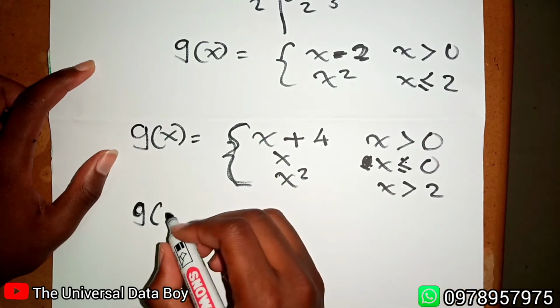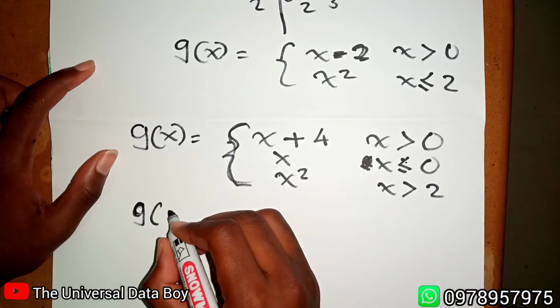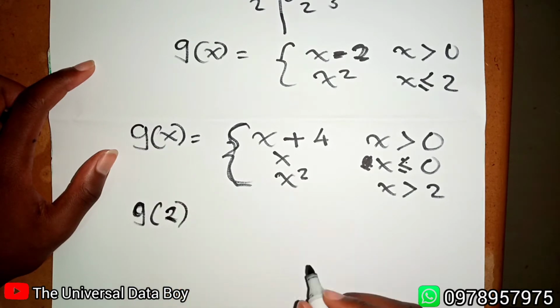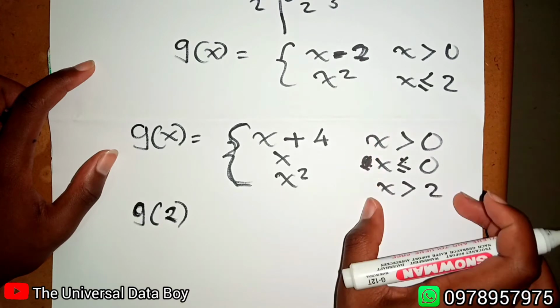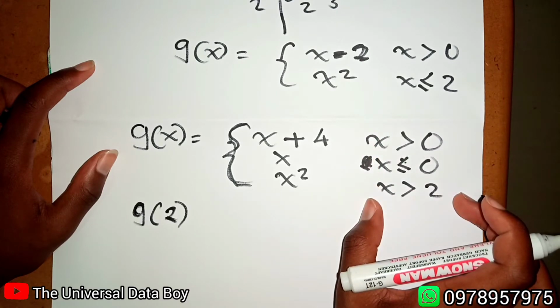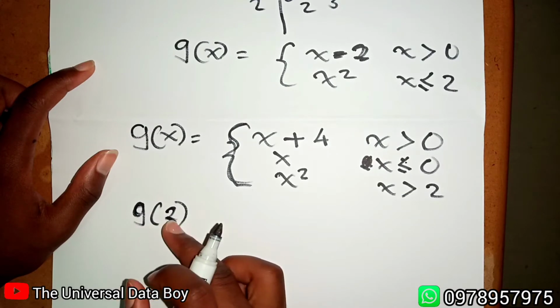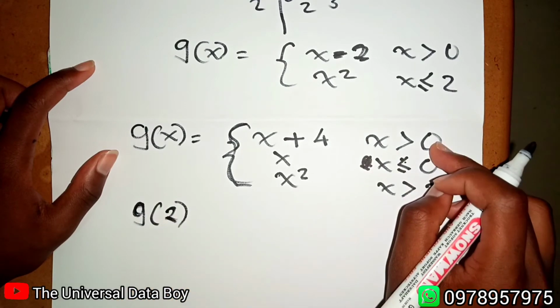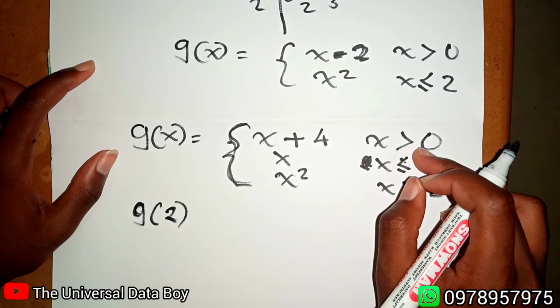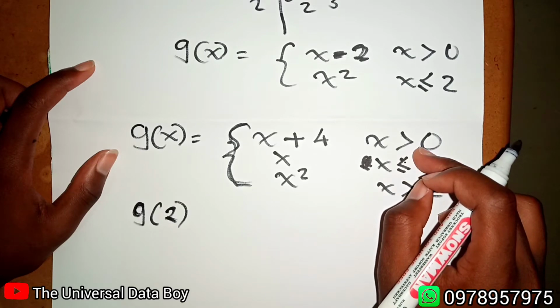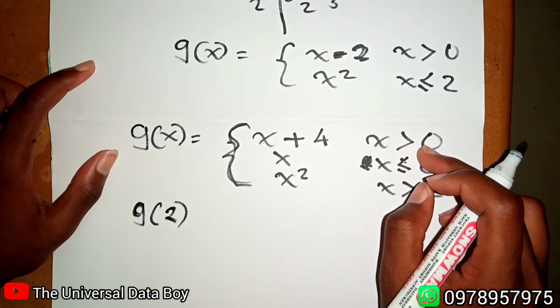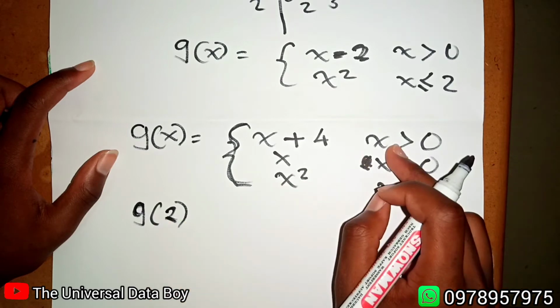So let's say find g of 2. Well, you're going to look at your equation and ask at which values of x is g of x defined. Here x is greater than 0, so x can be equal to 2 in this case.